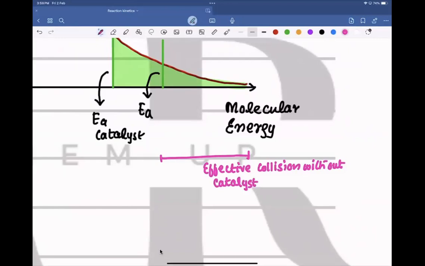And when the catalyst has been added, this is the proportion of the molecules which are now effectively colliding with the catalyst.